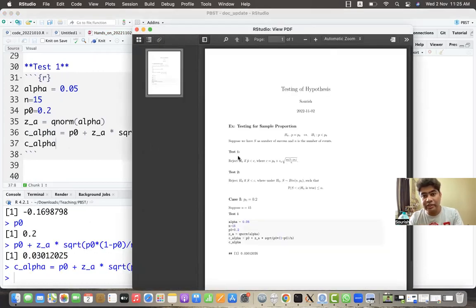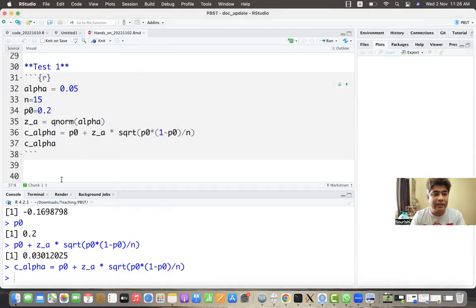So I'm doing a test for 20%, and I'm saying that my test region is P hat less than 3%. Effectively, we will reject only if it is less than 3%.